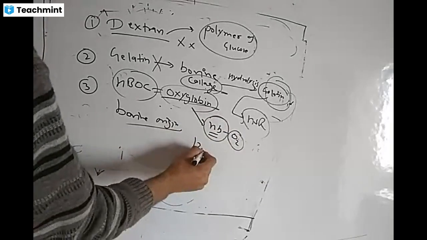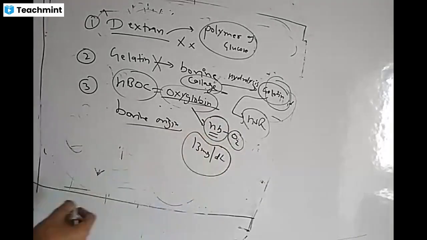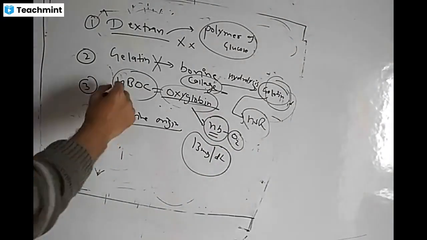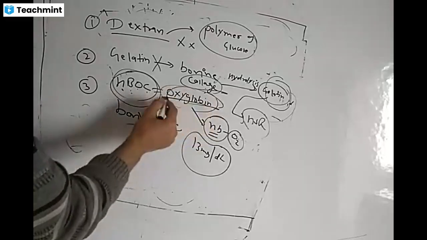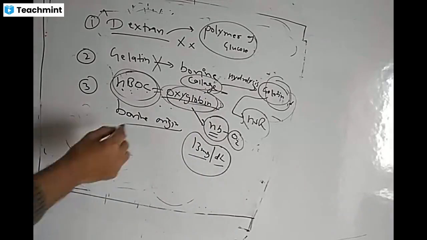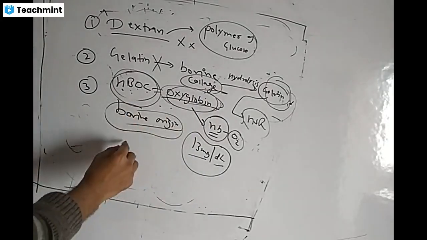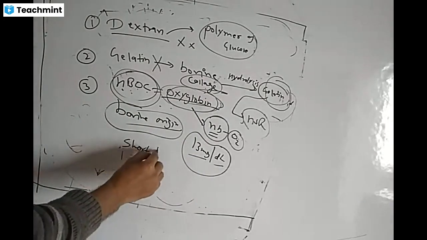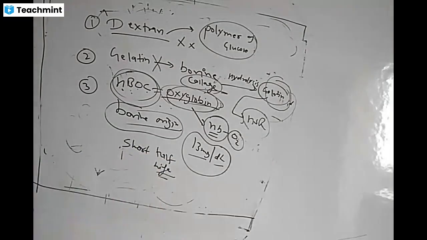How much oxygen does it carry? 13 milligram per deciliter. This is an MCQ: the hemoglobin-based oxygen carrier is oxyglobin, which carries 13 milligram per dl, and this is of bovine origin. The problem with HBOC is short half-life.